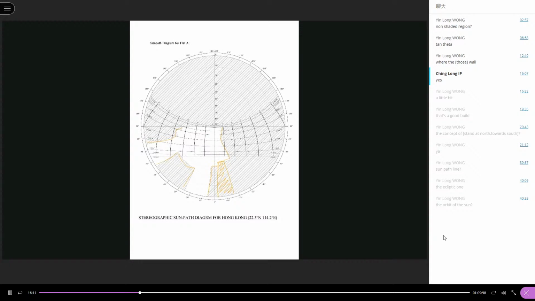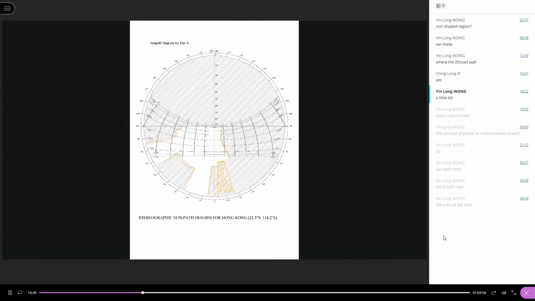Thank you, Chi Long. So I think you have to have some imagination. You have to imagine this is the sky dome, then what are the angles? How can we visualize how the sun path moves across the sky and how the building may block the sunlight?